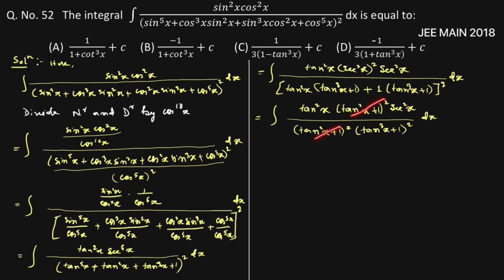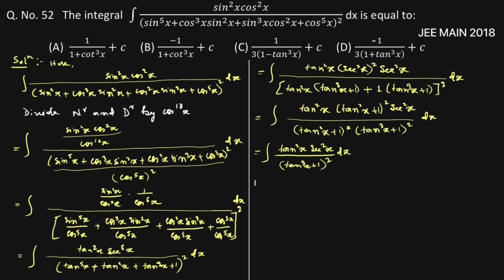Then we cancel these two terms, which is equal to integration of tan square x sec square x divided by tan cube x plus 1 whole square dx.